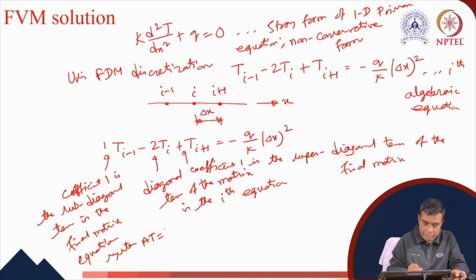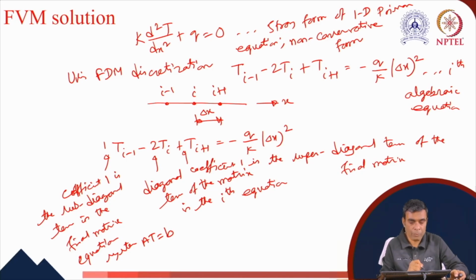AT equals to B. Now here we have only 3 terms present: T(i-1), Ti and T(i+1). So we understand that the coefficients of all these terms correspond to 1 diagonal each. It means that the resultant matrix must be a banded matrix. In this case, since we shall get 3 coefficients, namely 1, minus 2 and 1, the coefficient matrix will be a tridiagonal matrix. Now we go for the solution of the same problem by using the finite volume method.